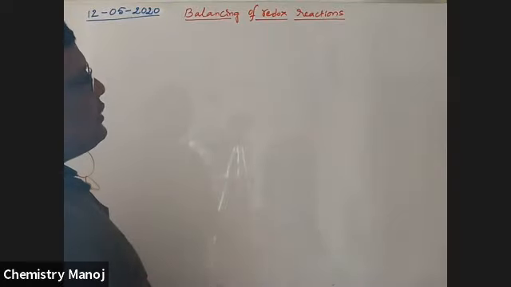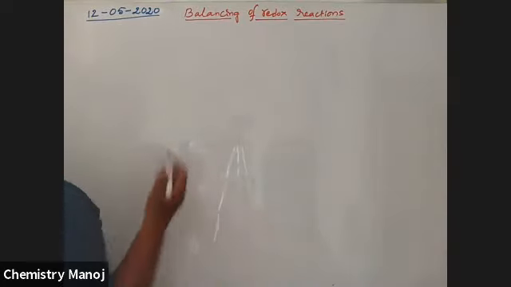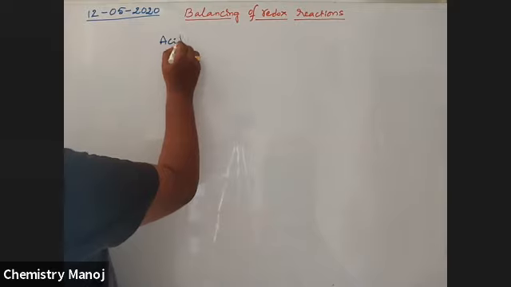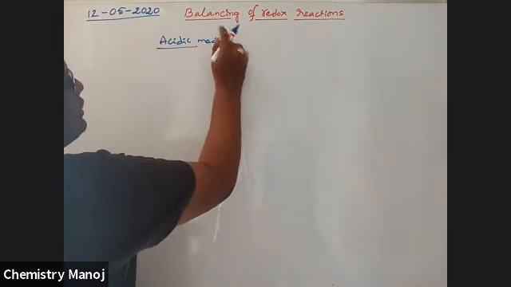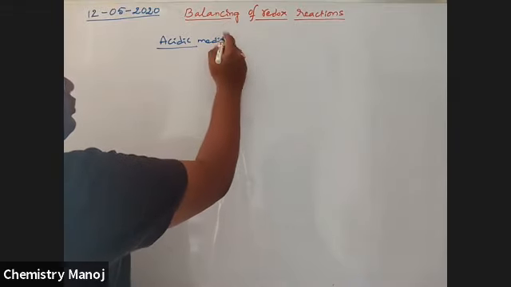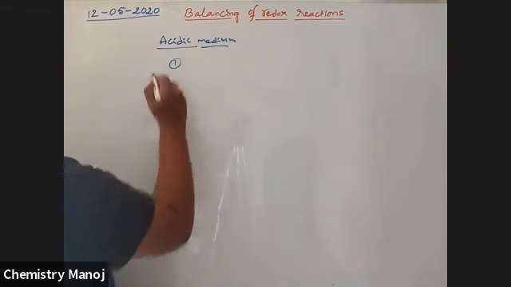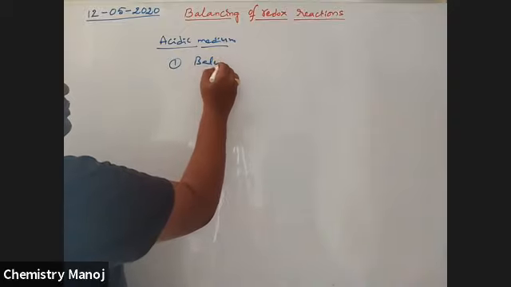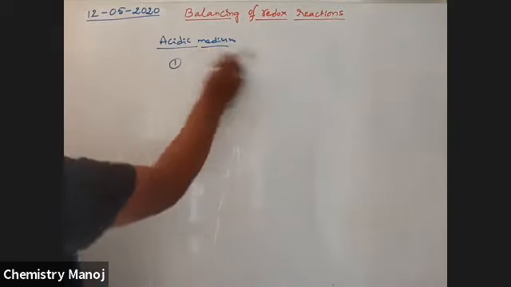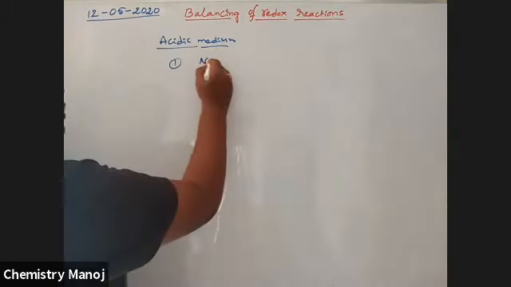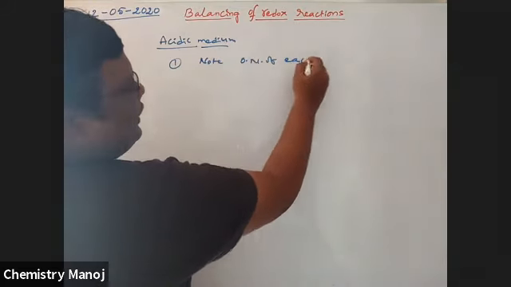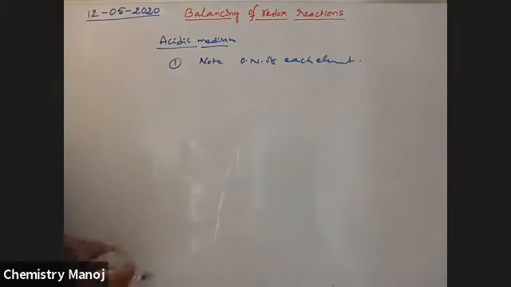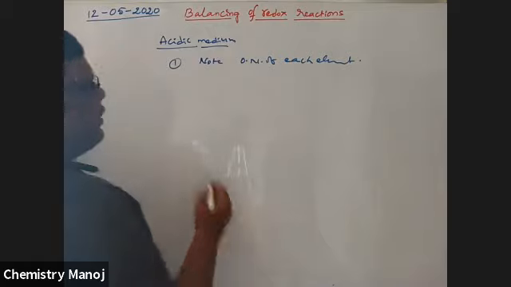In the last class, balancing of these redox reactions in acidic medium. What is the order? First point, note down the oxidation number of each element.